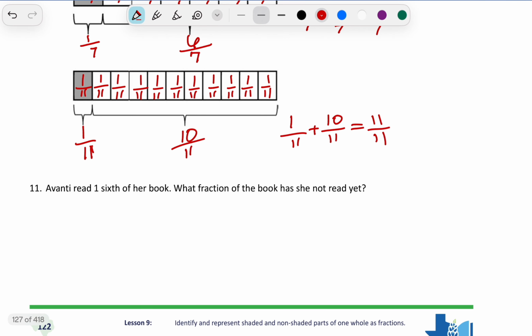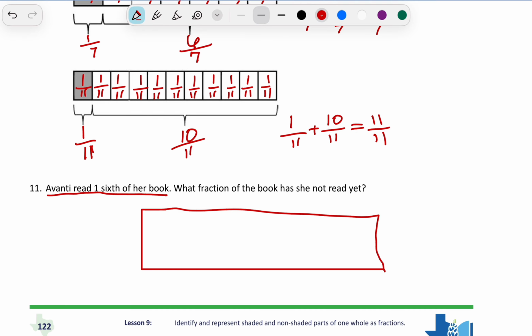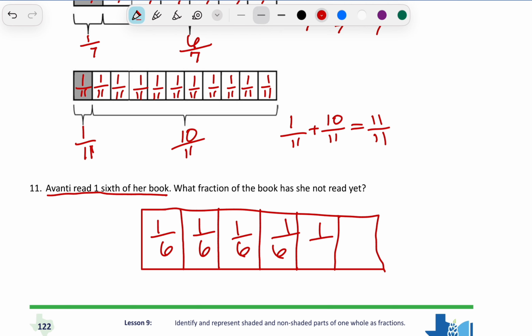Okay, it says Avanti reads 1/6 of her book. So I'm going to draw a strip here because this is what helps me with my fractions. What fraction of the book has she not read? I'm going to make this into 6, which means I'm going to draw 5 lines. 1, 2, 3, 4, 5. She read 1/6 of the book. I'm going to make sure that each of these is written as a sum of unit fractions.